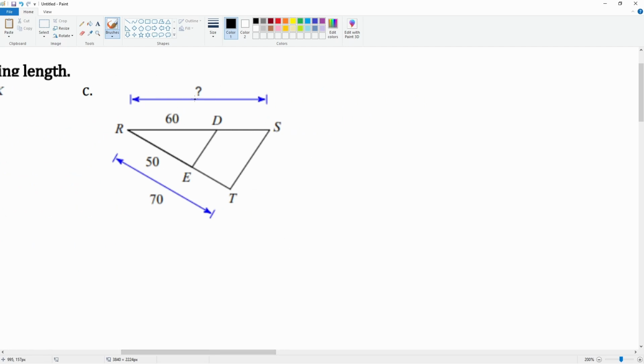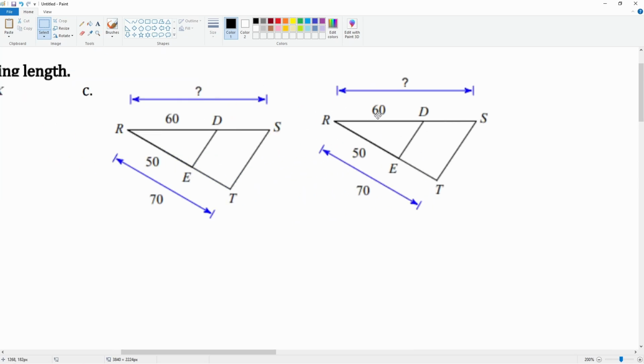So here, let me show you. The two triangles that you see here: the bigger one should be like, let me cut off this. So this is the bigger one, right? Question mark, and it is that.